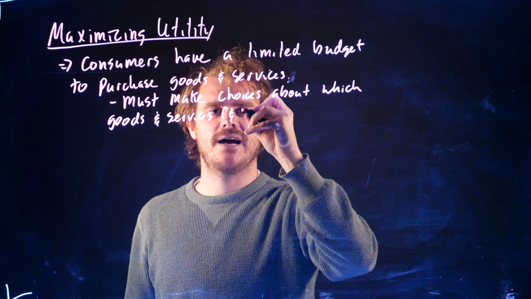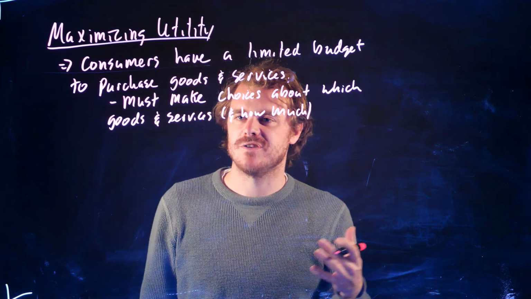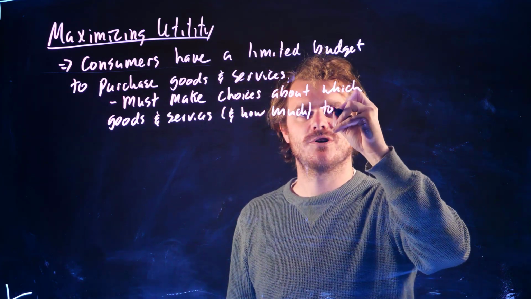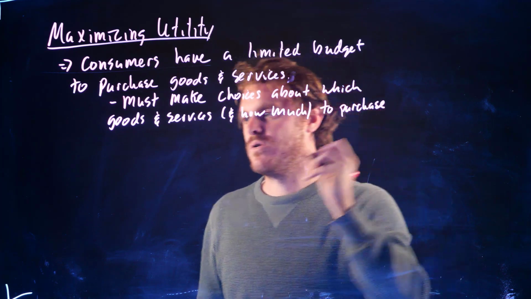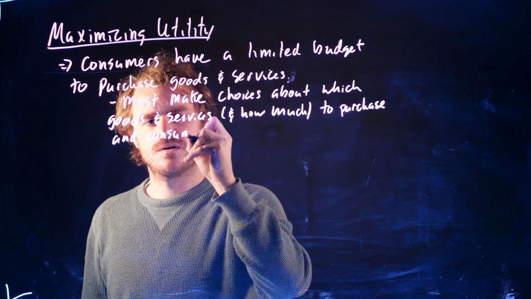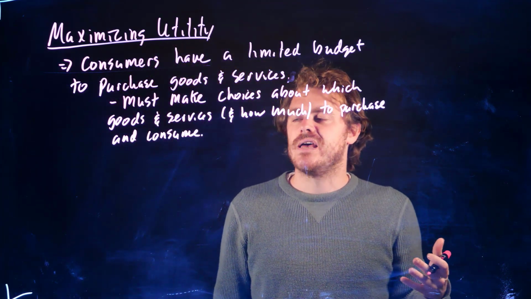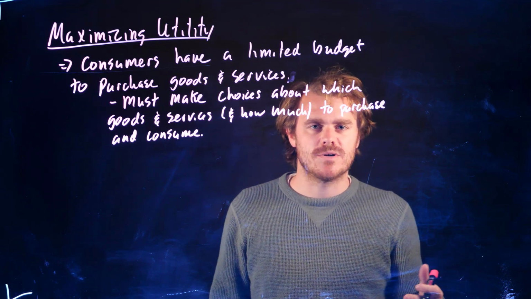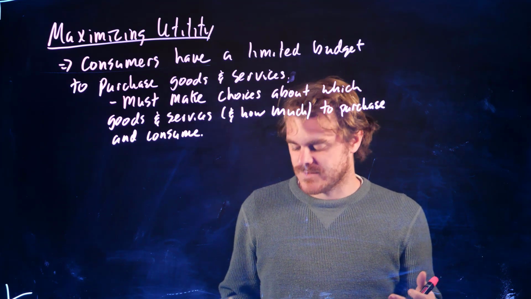So not only which, but how much of each to purchase, or consume, I should say. Consumers have limited budgets, so they have to make a choice. Remember, one of our principles of economics, they have to make choices here.